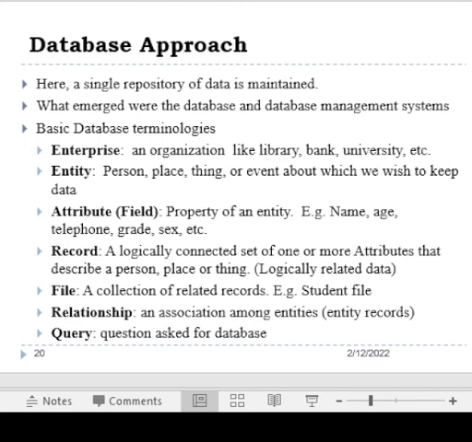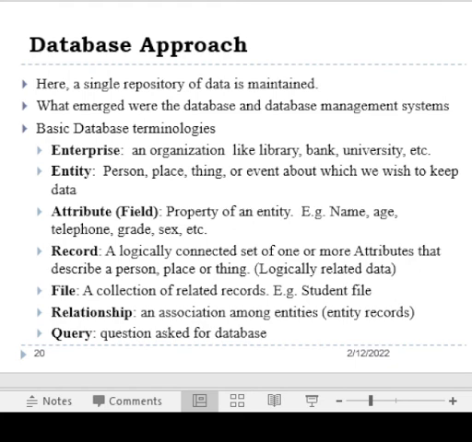But a database has application data independence, while file-based has application data dependency. Application data dependency is what we call a file-based system. Application data independence is the database approach.